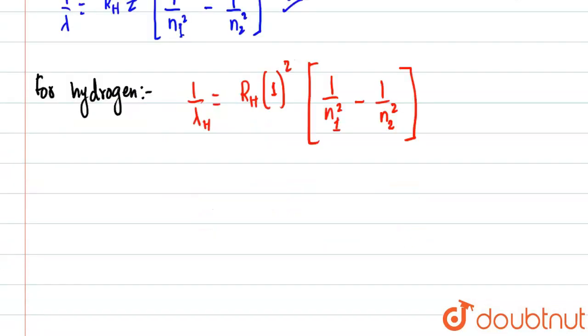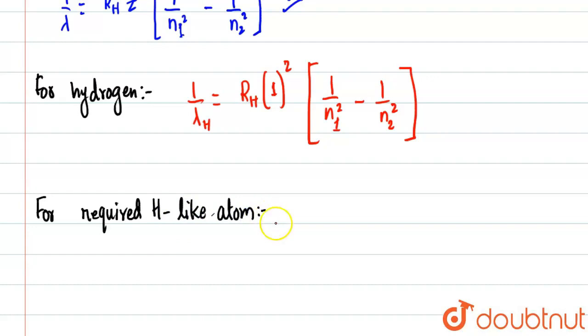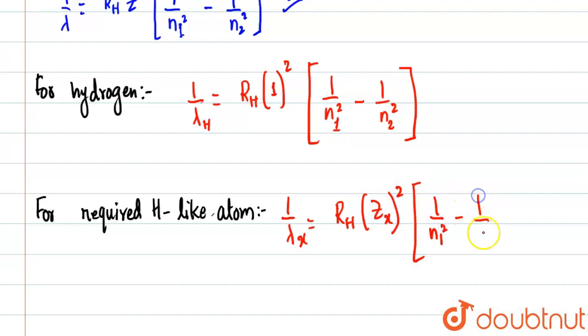And for the required hydrogen-like atom, we will have the equation read as 1 by lambda x is equal to RH into Zx square, where Zx is the atomic number of the required hydrogen-like element, into 1 by n1 square minus 1 by n2 square.